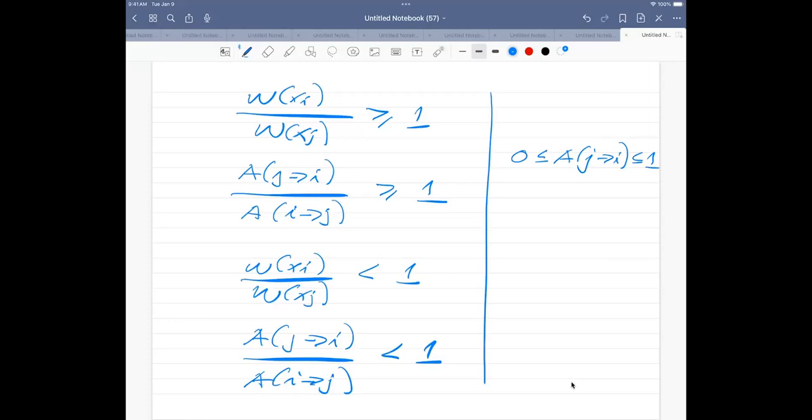So what could be a natural choice for the value of this one? This is actually what Metropolis and company did. What could be a choice for this value, A(J to I), knowing that it's larger than the one you have in the denominator, and that its largest value is just 1?